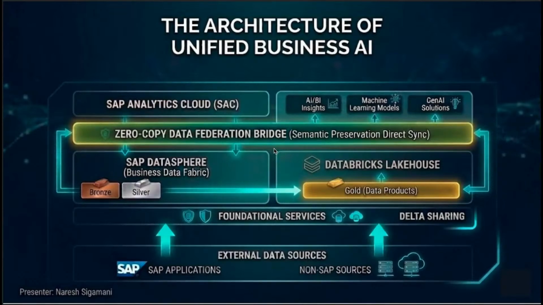The data stays in the source. When a transaction happens in SAP and moves to Datasphere, the AI model sees it instantly. Finally, the roof that holds it all together is unified governance. We are integrating SAP assets directly with Databricks Unity Catalog.